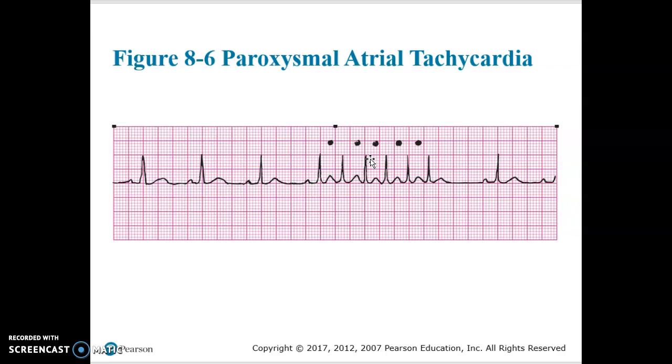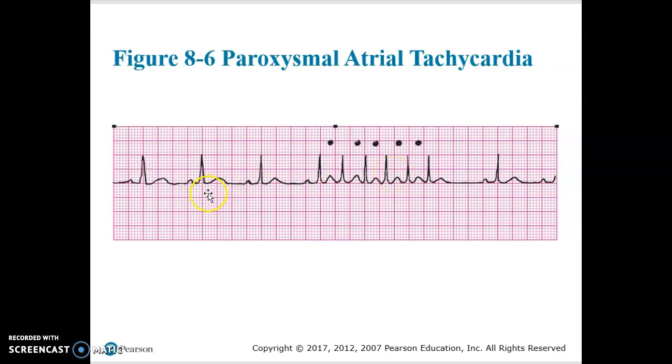The P wave precedes the QRS complexes, but they're not all the same shape. So let's go P, QRS, T, P, QRS, T, P, QRS, T. Okay, then we get here. This one looks the same QRS, but we don't even see a P here because it's hiding in this T wave. They're coming in early and it's distorting that T wave. So this is where these are different, okay?